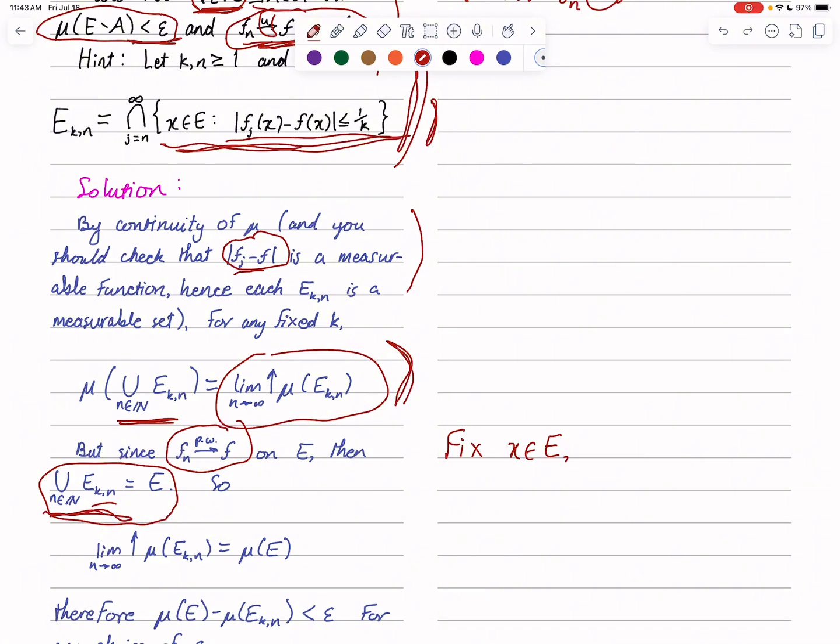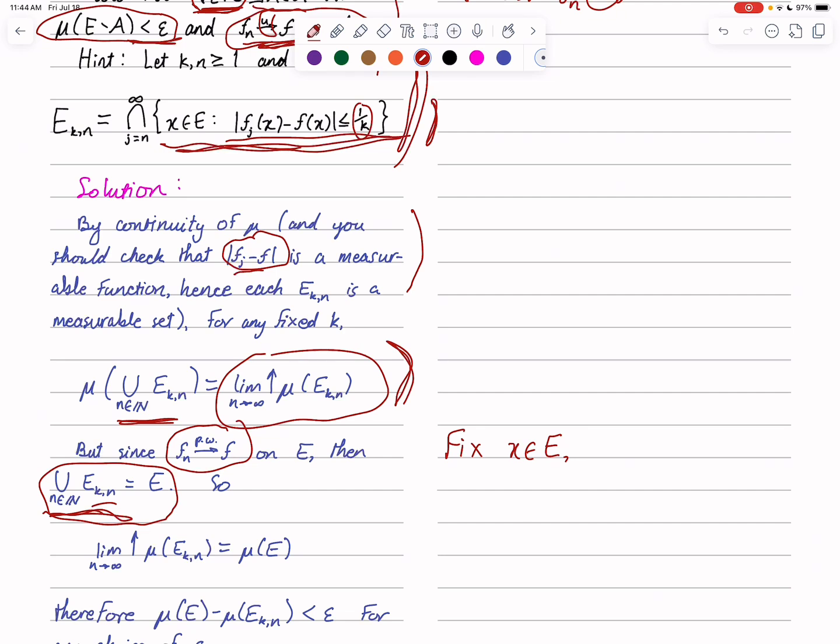And so since the convergence is pointwise, if you let the sequence of functions go on long enough, then eventually the separation between the sequence of function values and the function f must go to 0, basically, and in particular, it must eventually be less than 1 over k.